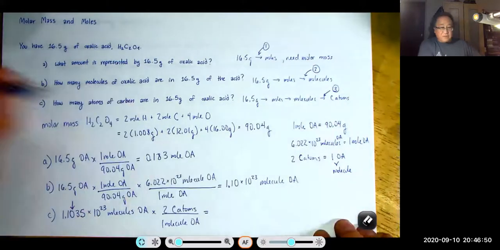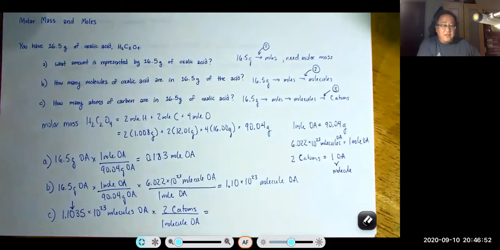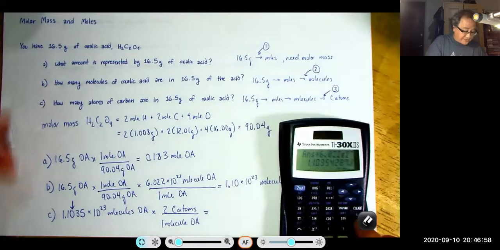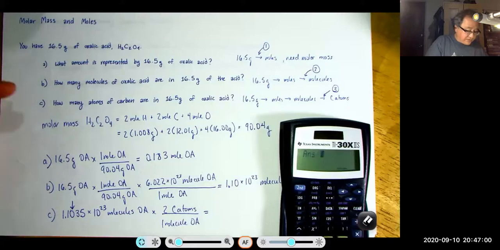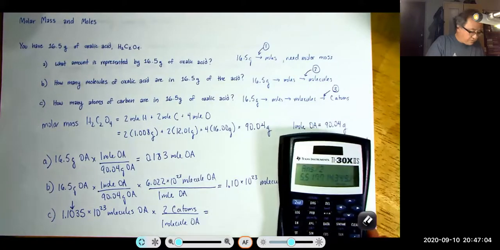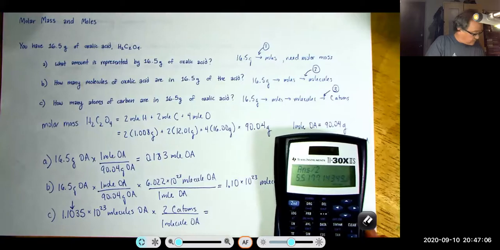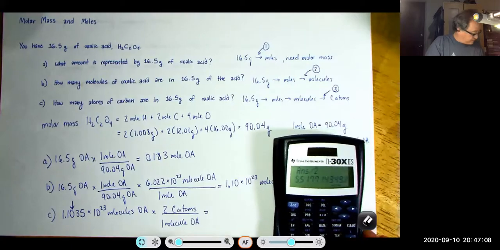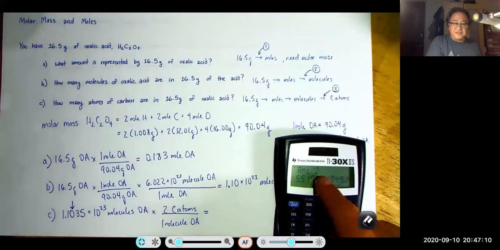So here we can see that roughly the answer is going to be 2.2. But let's see what we get. 2.2 times 10 to the 23rd. Times 2. So whoops, what did I do wrong here? Oh, I divided by 2. Do you see that?